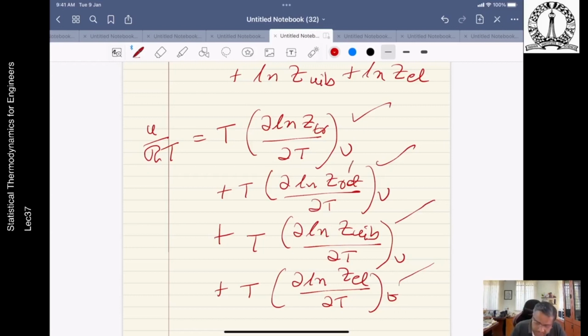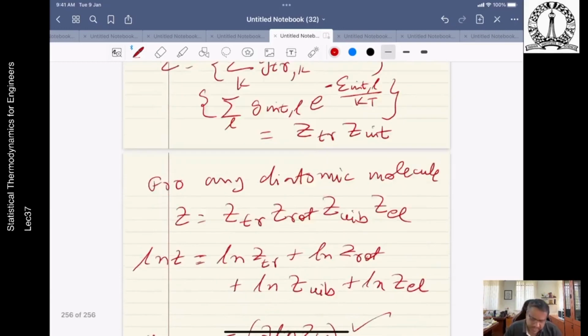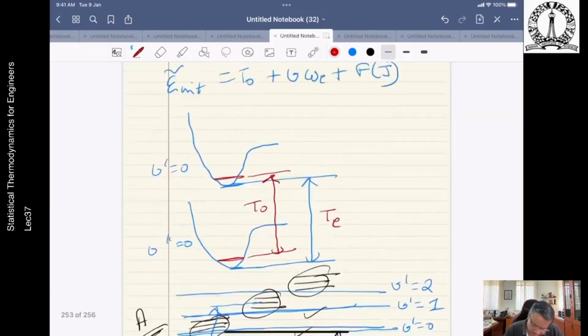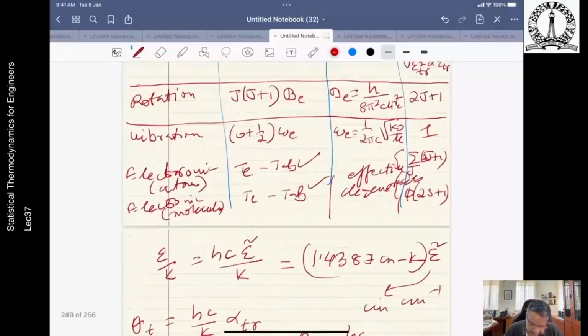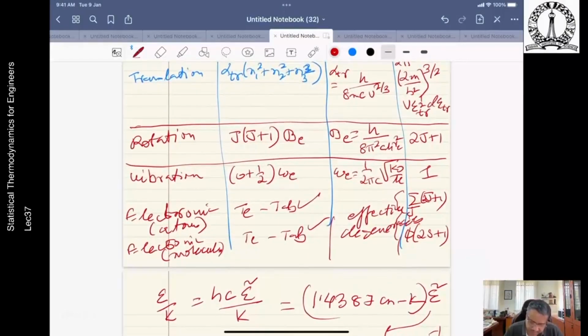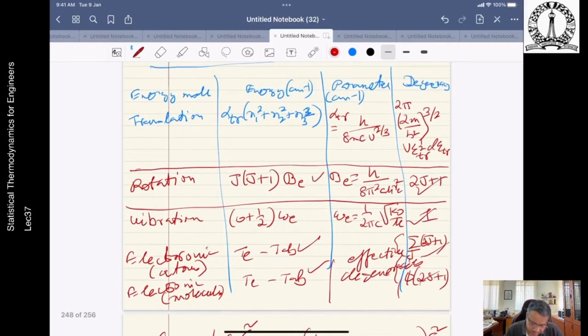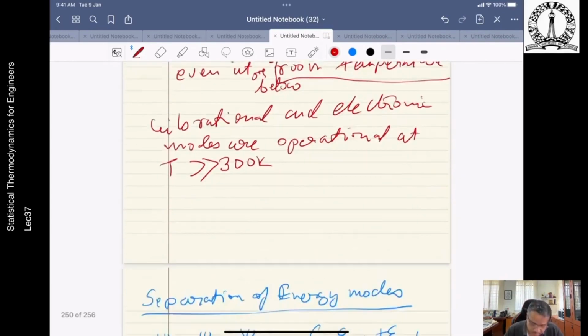So if we know the individual quantities, which we can, the individual quantities depend on the energy levels and the degeneracies. We already said what the energy levels and degeneracies are going to be. If you look at this particular table, we already gave these numbers through spectroscopic means.